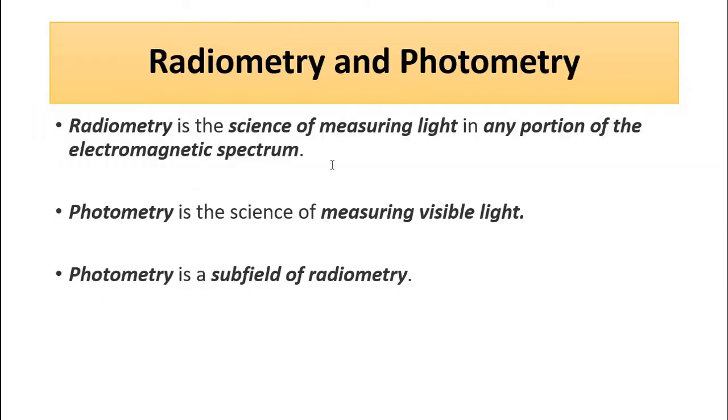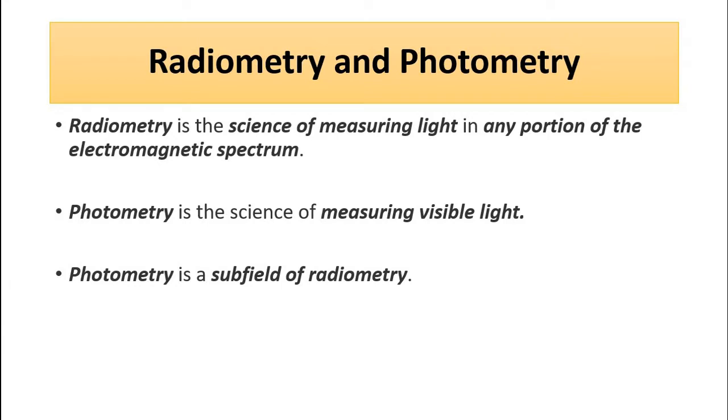That is the whole definition of radiometry. It is the measurement of radiations in any portion of the electromagnetic spectrum, whereas photometry is the science of measuring light or radiations in the visible spectrum.